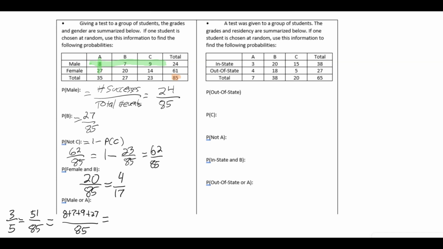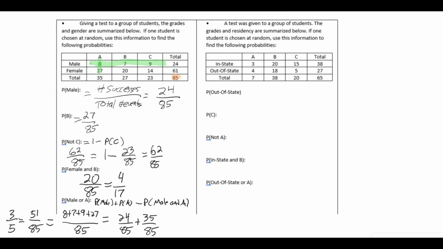But we also have the rule, the OR rule. This would be the probability of male plus the probability of A minus the probability of male and A. So this rule double counts and then subtracts the double counting. So the probability of male, we look up, there are 24 out of 85, plus the probability of getting an A, there are 35 out of 85.